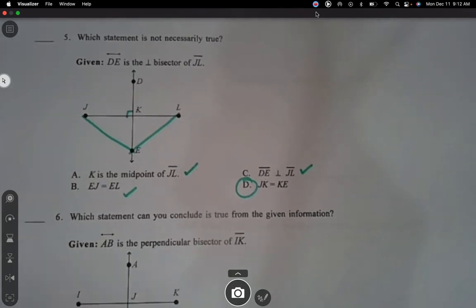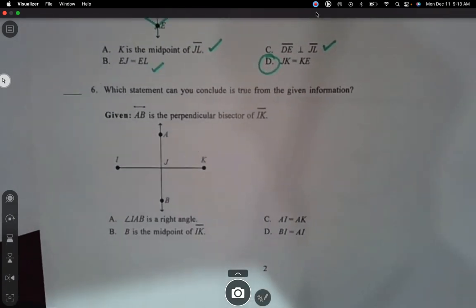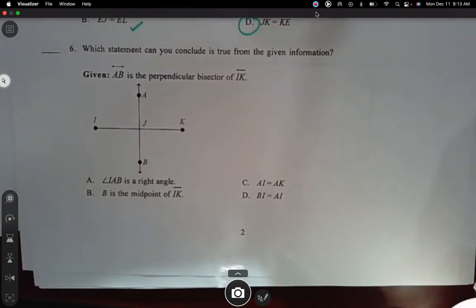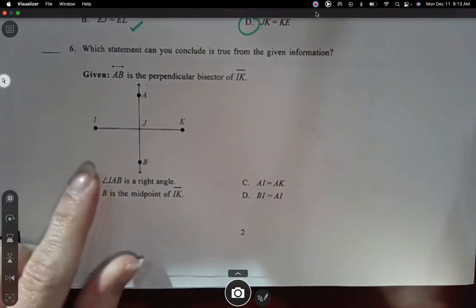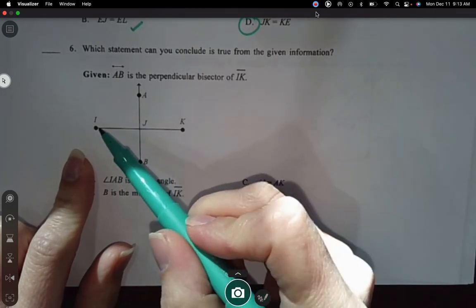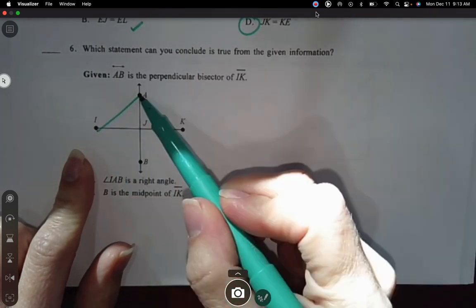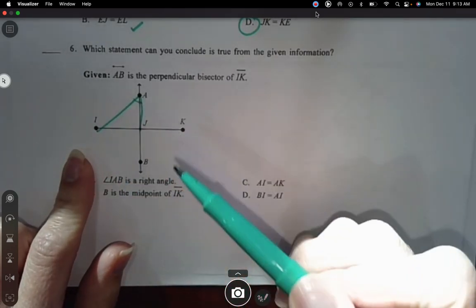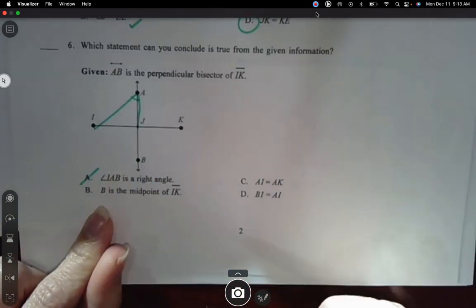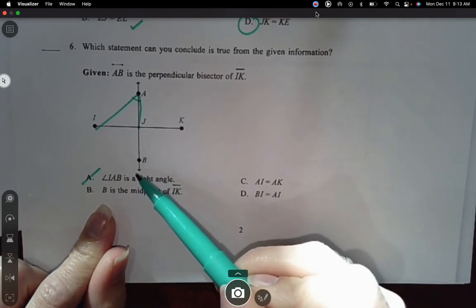Number 6. Which statement, this one's backwards, can you conclude is true? AB is the perpendicular bisector of IK. So would IAB be a right angle? Would this angle right here be a right angle? Not necessarily. I'm going to mark that one off. Is B a midpoint of IK?